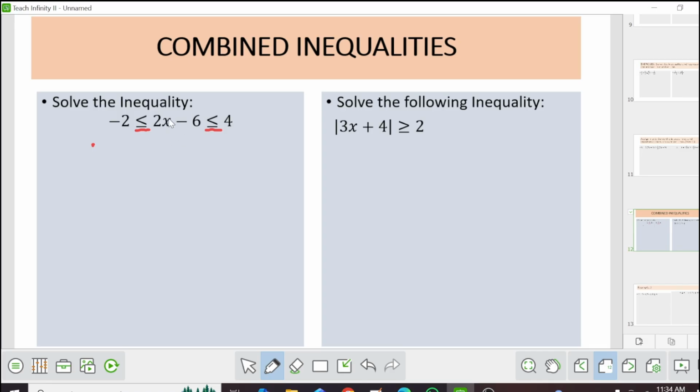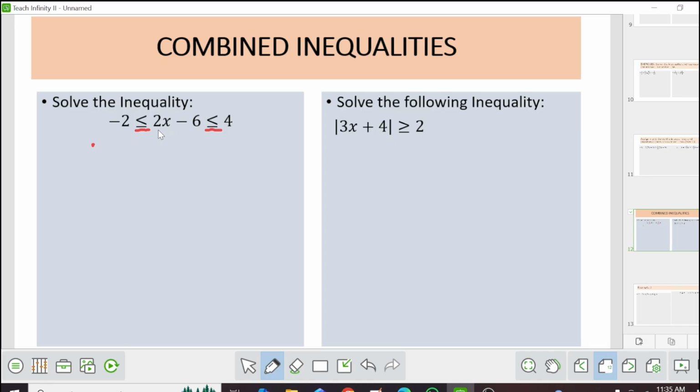There are several ways to solve this. If you like, you can separate the inequality into two, solve individually, and combine back. But with this one that has the variable at the center, it is very easy to solve straight without separating the inequality into two and combining later.